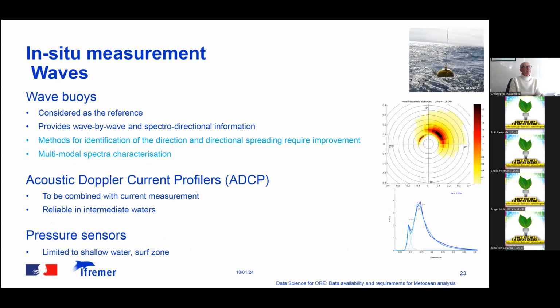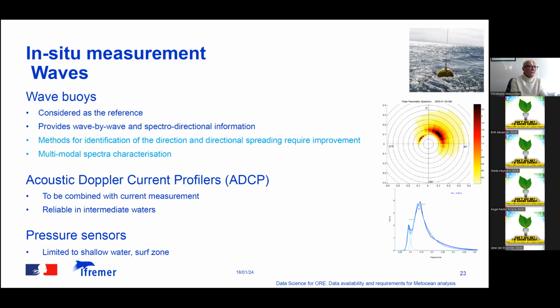For the waves, the major in situ measurement system is wave buoys. They are still considered a reference. We have a float which is equipped with an accelerometer or GPS, and it provides wave-by-wave information on the waves: wave height and period, as well as direction. So it also brings information on frequency and direction distribution, the 2D spectra.